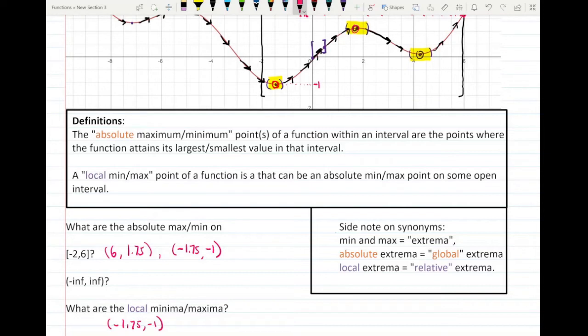The one here is about 1.8, 1, and the one here is at a horizontal distance of about 4.25 and a height of just about 0.25.